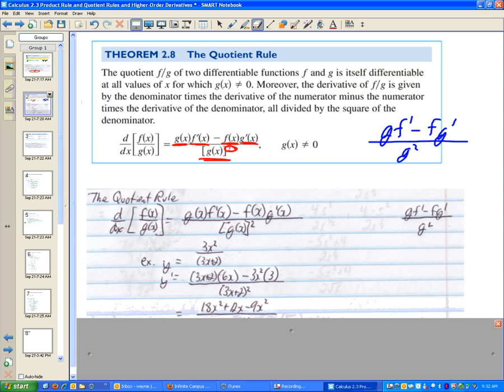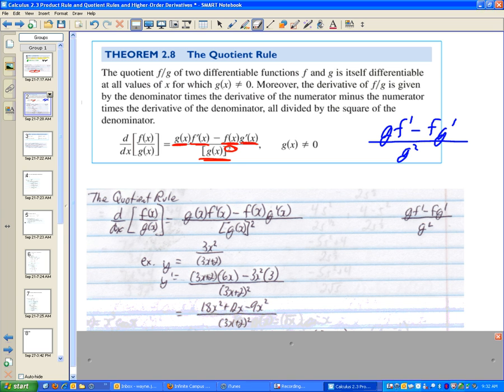So, in the numerator, multiply the things together in front of your minus sign, so distribute that 6x. 6x times 3x is 18x squared. 6x times 2 is 12x. Then you copy down your minus sign, and then you multiply 3x squared times 3 to get negative 9x squared. Well, minus sign, 9x squared. And then leave your denominator alone, 3x plus 2, quantity squared.